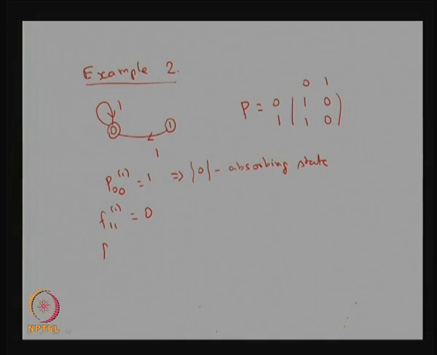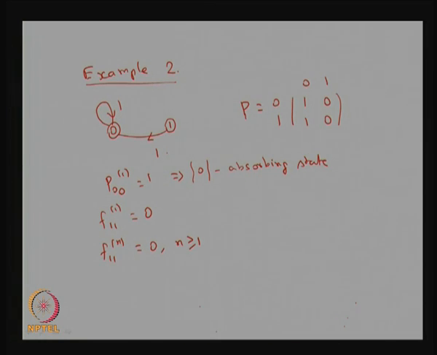And if you find out f 1 1 of all the subsequent steps also, that is also going to be 0, because if the system starts from state 1, in the next step itself it goes to state 0 with probability 1 and it is not coming back.